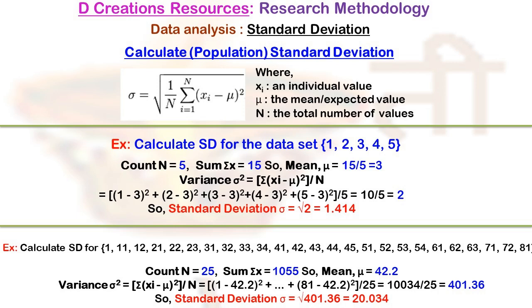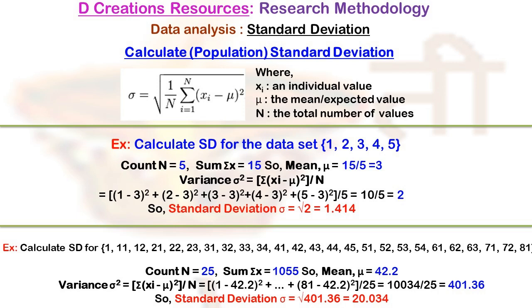The third term, 3 minus 3, gives 0. The fourth term will again be 1, and the last term, 5 minus 3 whole square, is also 4. So it is 4 plus 1 plus 0 plus 1 plus 4, and the addition is 10.